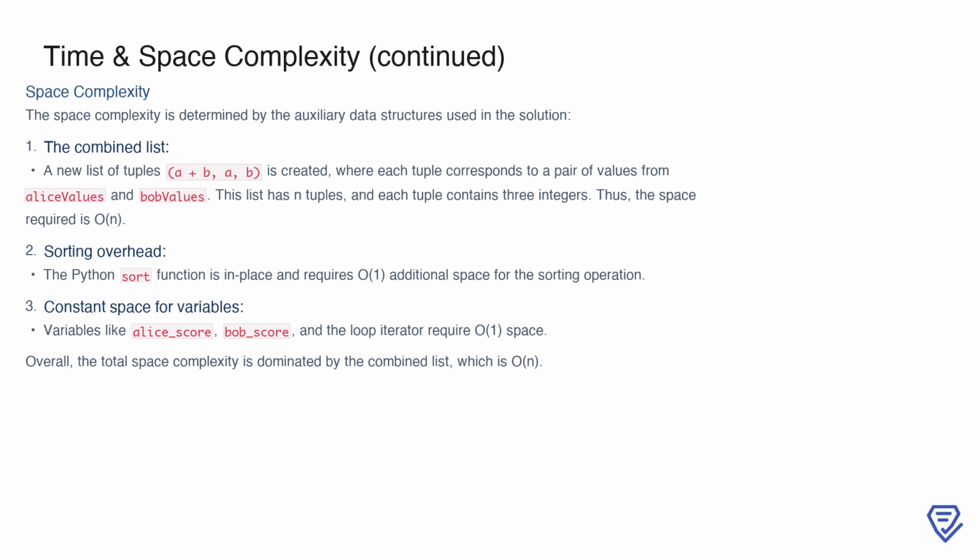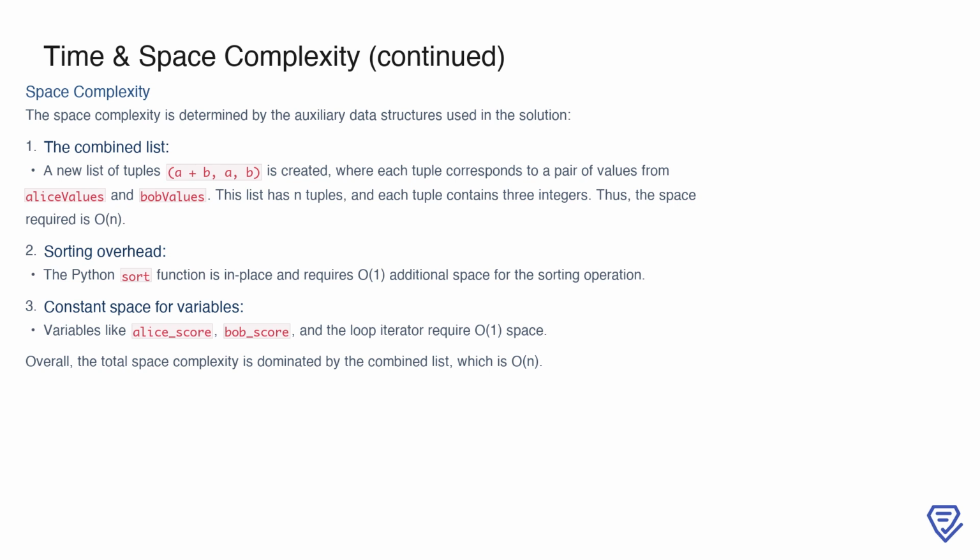Now let's look at the space complexity of the solution, which is determined by the auxiliary data structures we use. The most significant factor is the combined list of tuples, where each tuple contains three integers: the sum of Alice's and Bob's values, and their individual values. Since this list has n tuples, the space required is O(n). Additionally, the Python sort function operates in place, meaning it doesn't require extra space for sorting, so this step contributes only O(1) space overhead.